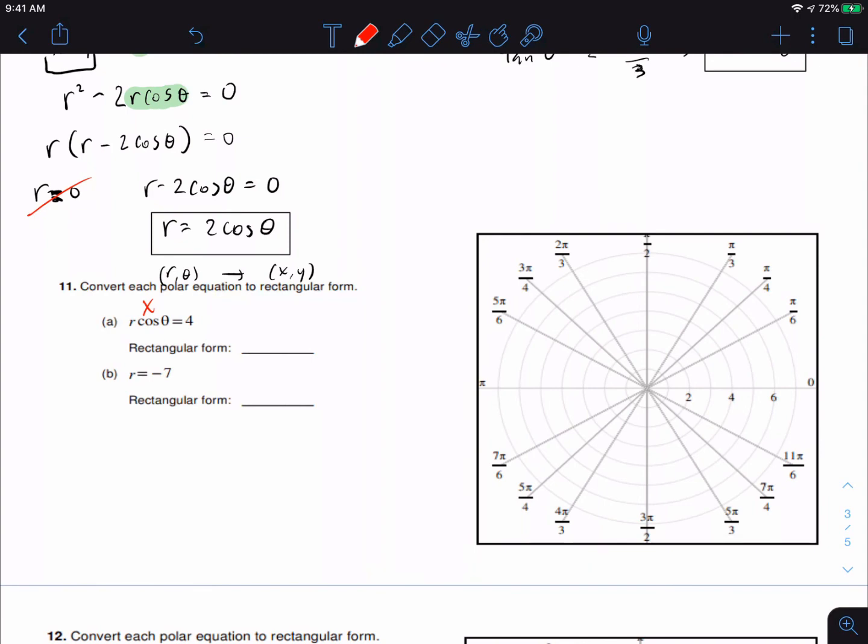Right? So in the rectangular form, isn't that when x equals 4? So then x equals 4 would be a point here, and isn't that just a straight line, a vertical straight line going through 4?